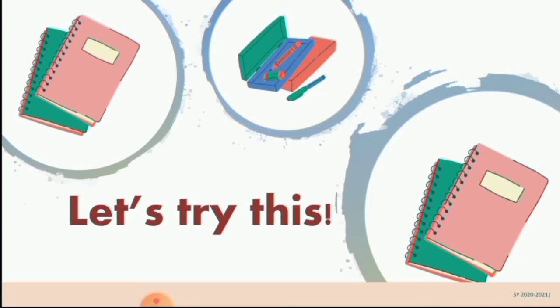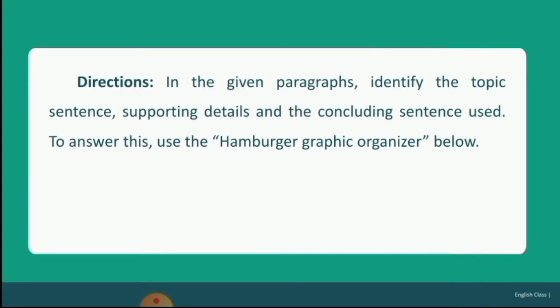Okay, so let's try this. Directions: in the given paragraphs, you need to identify the topic sentence, the supporting details, and the concluding sentence used. To answer this, use the hamper graphic organizer below.